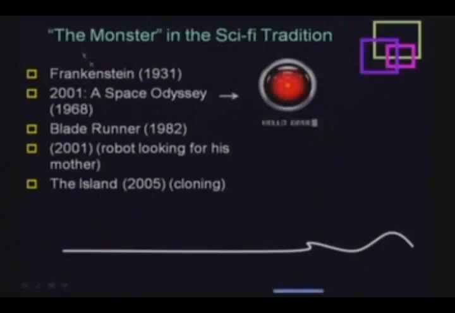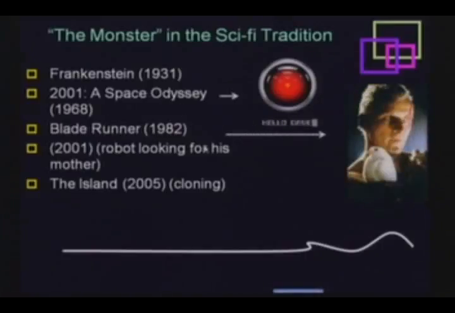This is a great film that maybe some of you haven't seen. 2001: A Space Odyssey, produced by Stanley Kubrick in 1968. It's about the rebellion of a computer. The typical phrase it uses is "Hello, Dave." Very sweet, soft. But then this computer rebels and tries to kill all the persons on the crew of the spaceship. And then Blade Runner, 银翼杀手.